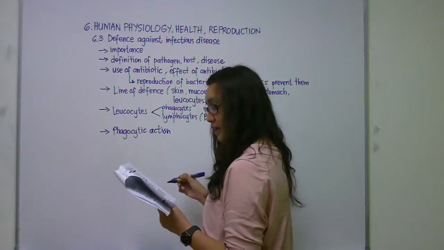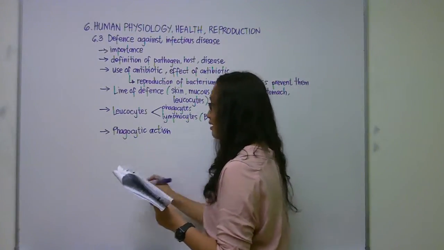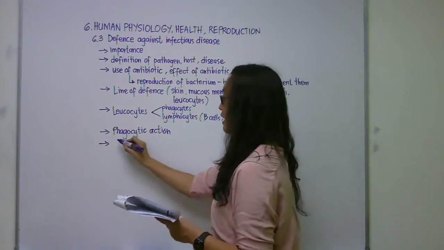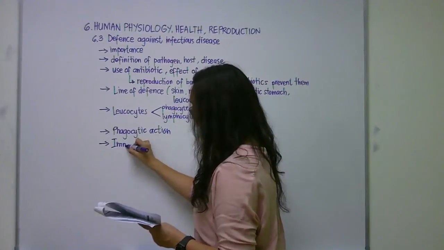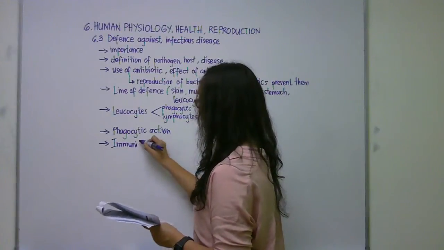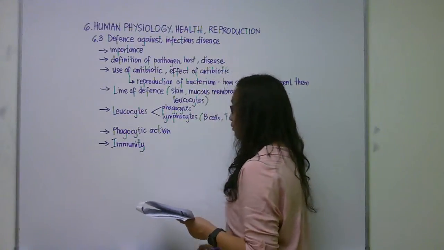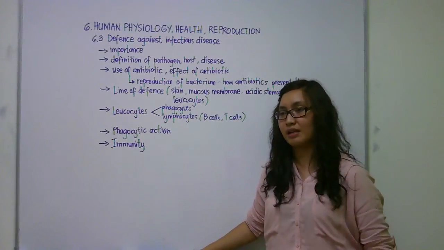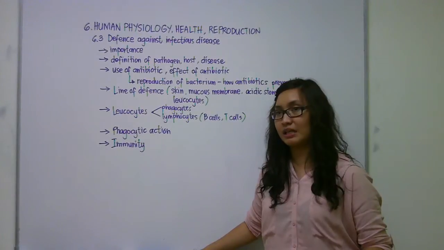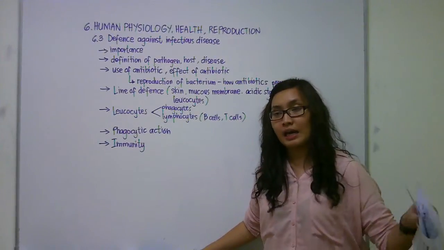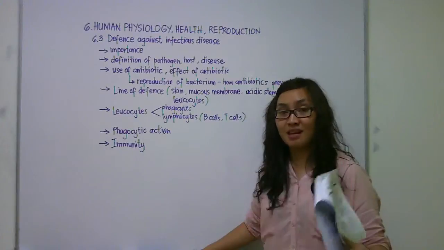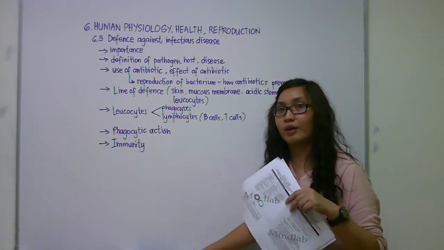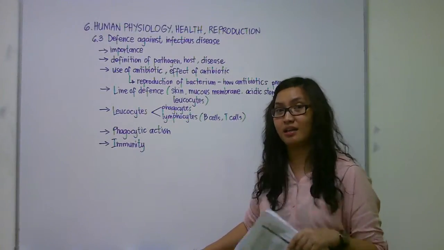So the next area. Once we have already discussed phagocytic action, we need to discuss immunity. In the case of immunity, this is when a body is already able to distinguish any non-self substance from a self substance, anything that can actually harm the body, therefore the necessary antibodies are going to be produced.